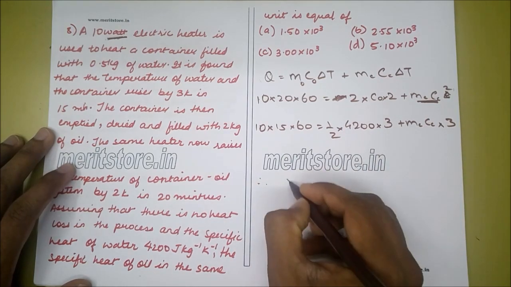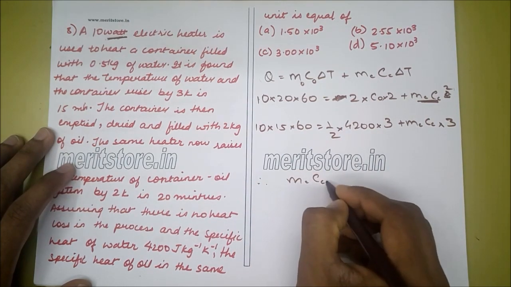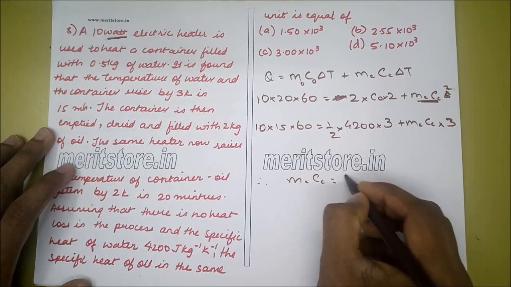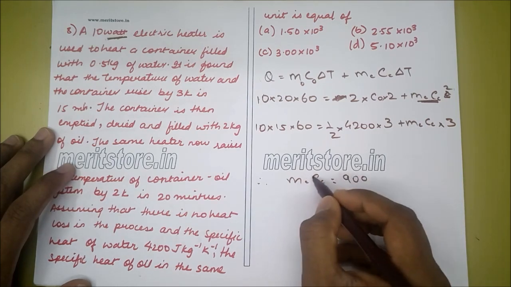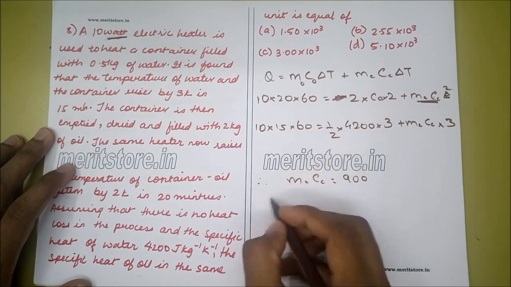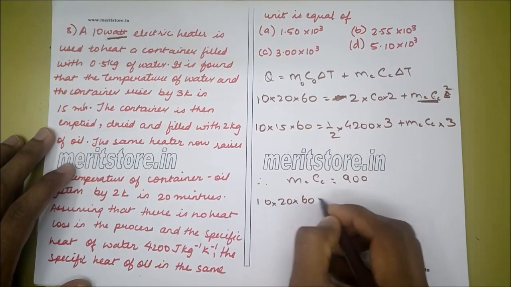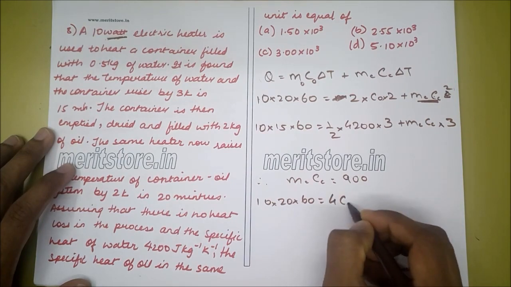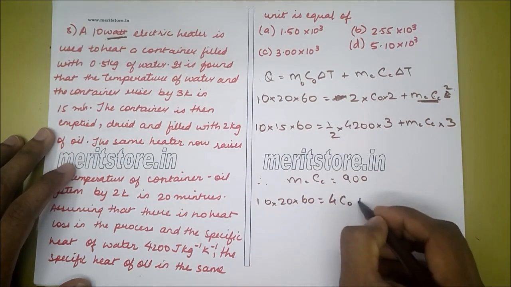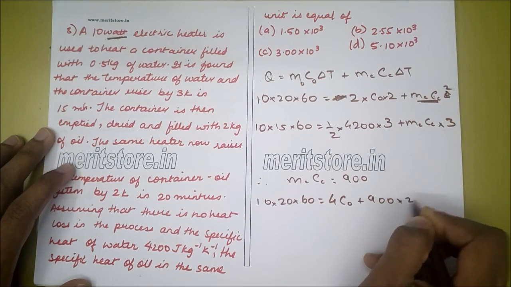So from this equation we get the value of Mc times Cc to be 900. Now substituting Mc times Cc as 900 in this, we get 10 into 20 into 60 is equal to 4 times C of oil plus 900 into 2.